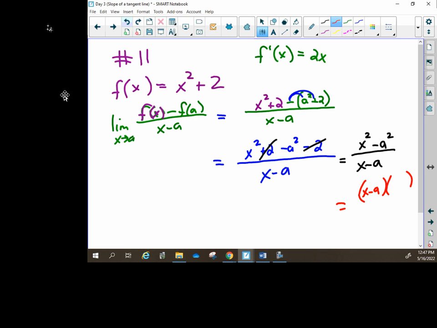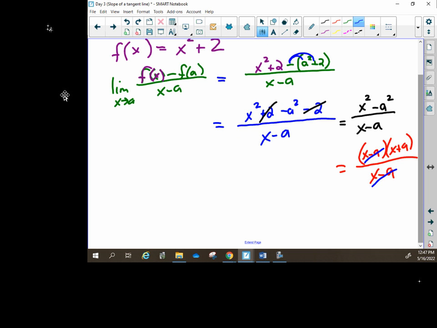x minus a, x plus a, a difference of squares, is what that is. Oops, that's not an x, that's an a. So my formula is going to be the limit as x approaches a of what I have left, x plus a.